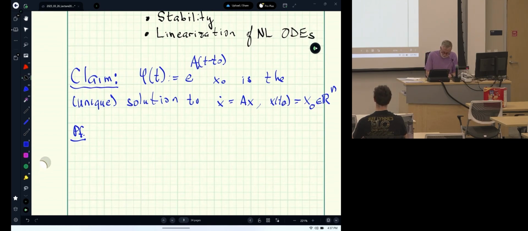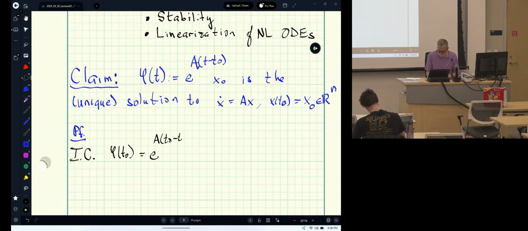So the first thing we check: could this crazy function satisfy the initial condition? I don't know. Let's just plug in t0 for t. t0 minus t0 is 0, and 0 times a matrix is 0.